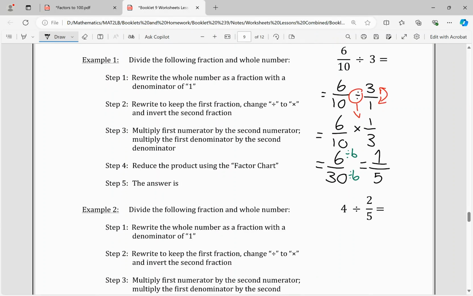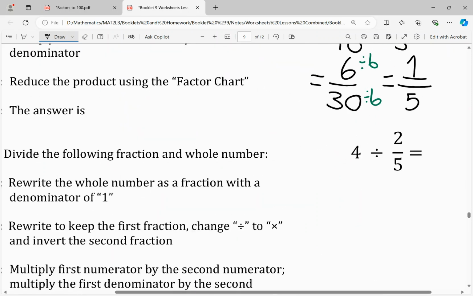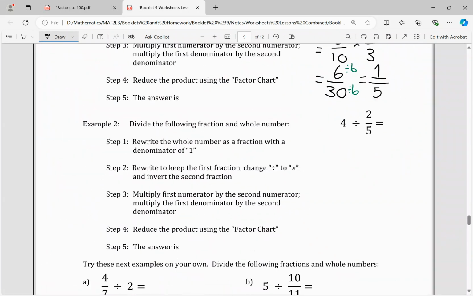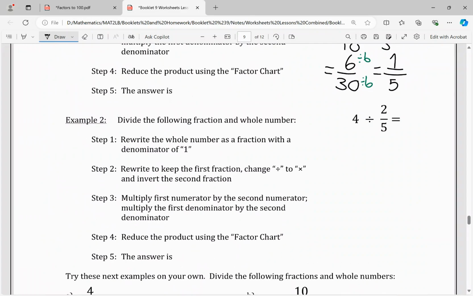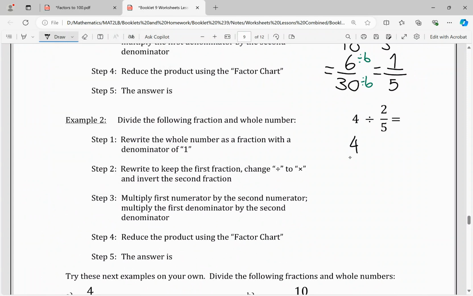So let's take a look at the second example where we are, whoops, it's a little too zoomed in. The second example where we have 4 divided by 2 over 5. Now, step 1, this is easier if we have two fractions, so 4 over 1 divided by 2 over 5.